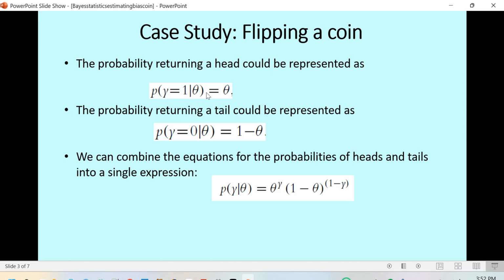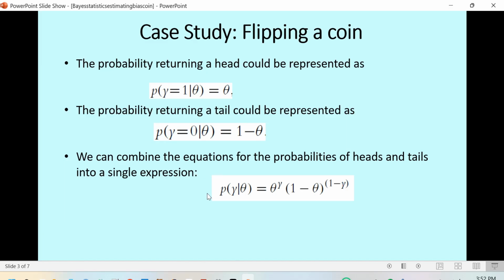For example, if theta is 0.5, given this 0.5 probability of a positive result, we get the head, gamma equals 1, with probability 0.5. Very simple, right? And we can also write the probability of giving a tail: the probability of gamma equals 0 given theta is 1 minus theta.